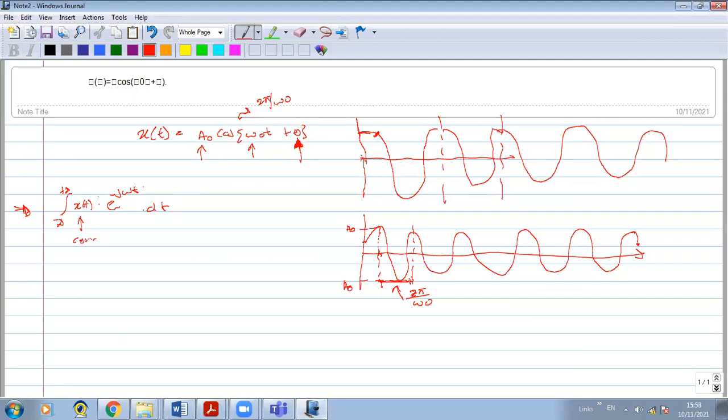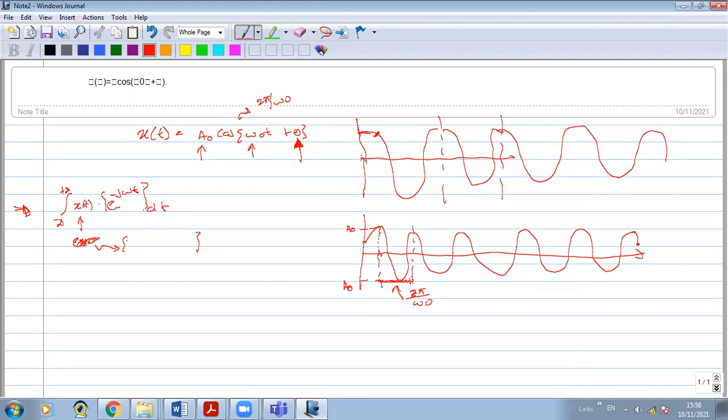So that way you can try to evaluate it. The cosine function is here and the exponential term is there, and using the Euler formula you can divide this into two exponential terms.